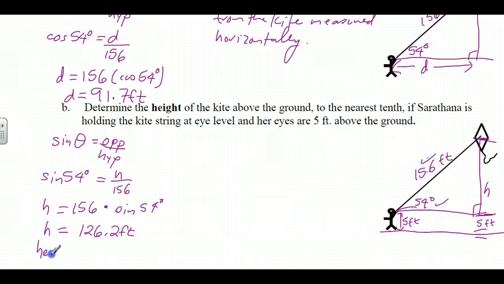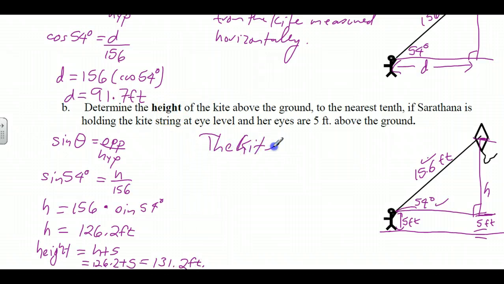So height is equal to h plus 5, which is 126.2 plus 5, 131.2 feet. So the kite is 131.2 feet above the ground.